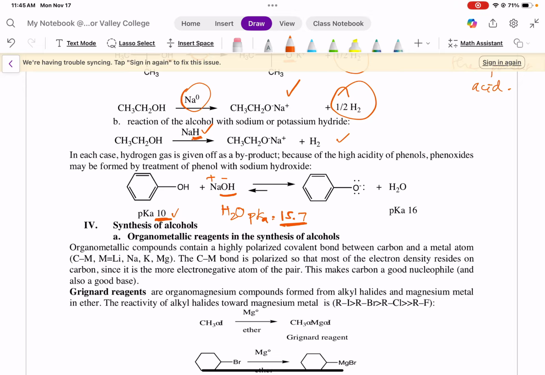That's larger than 10, so the OH minus is more basic. Therefore, it's capable of removing that hydrogen and making the phenoxide ion. That's why it can be done. Then phenoxide.